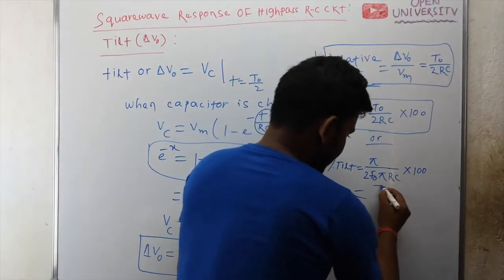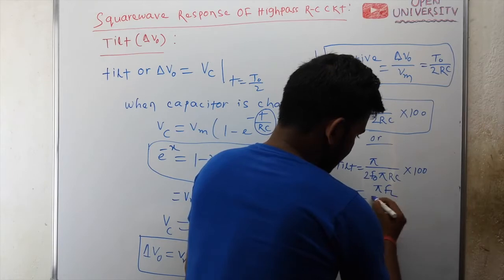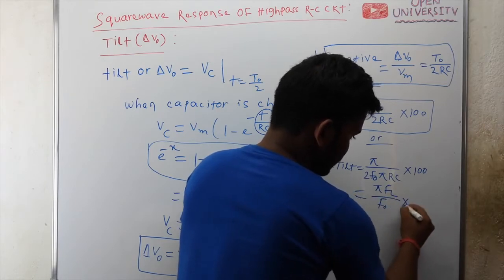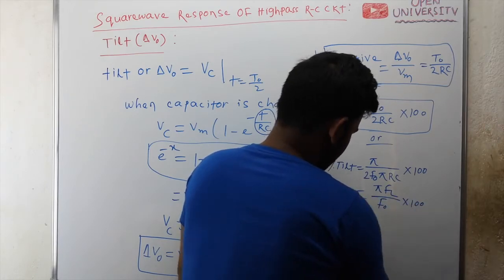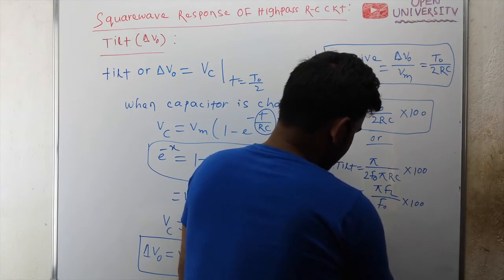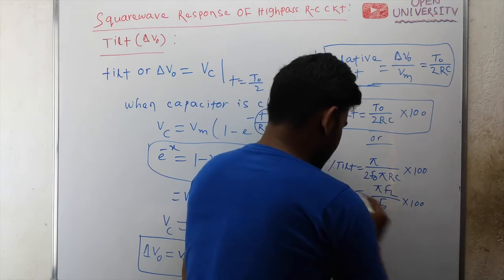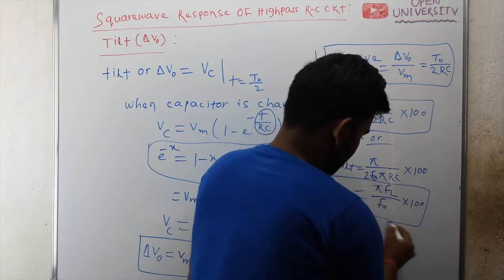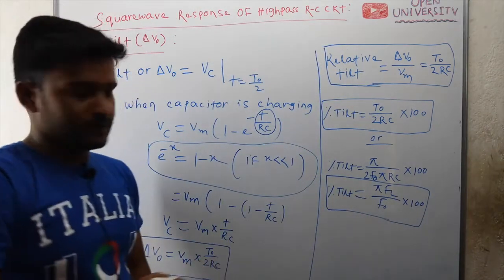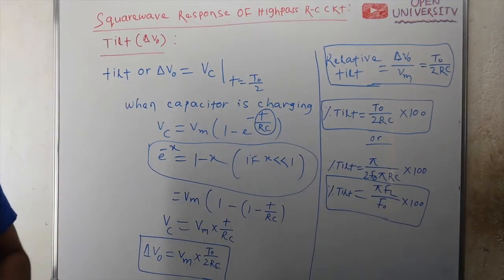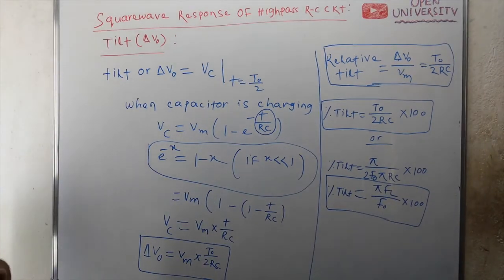So you can write pi times FL divided by f naught into 100. This is your percentage tilt formula: pi FL by f naught into 100. Percentage tilt equal to t naught by 2 RC into 100, or pi FL by f naught into 100.